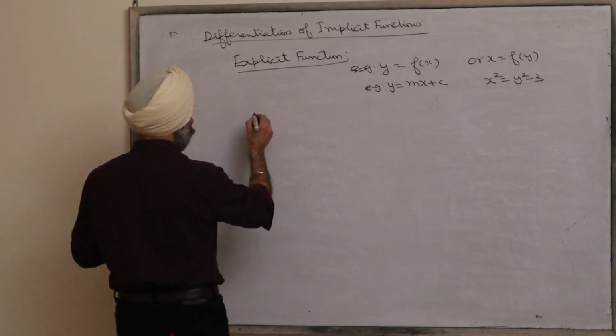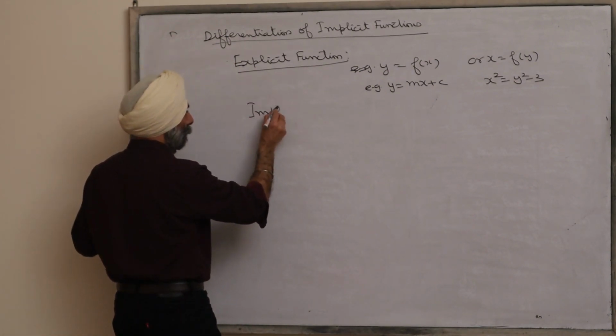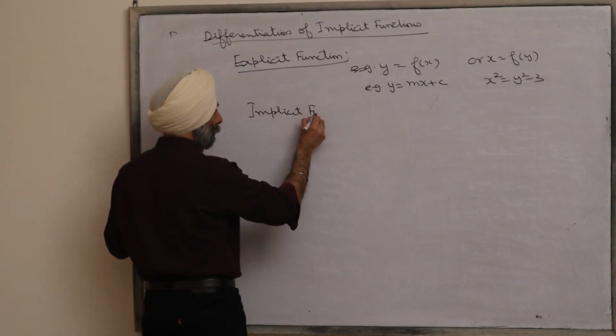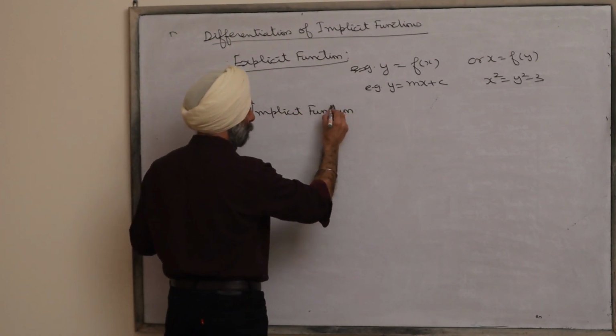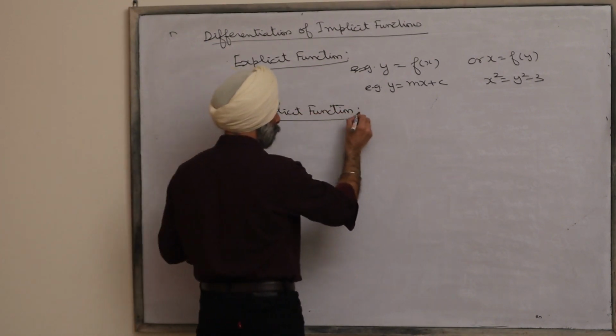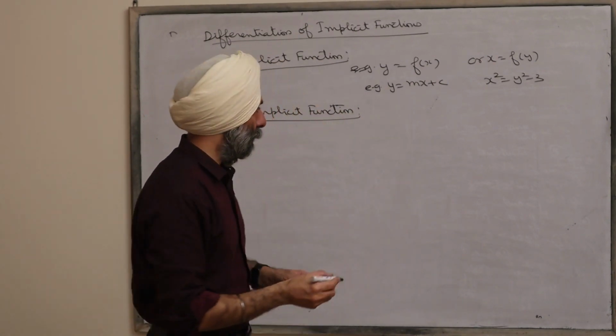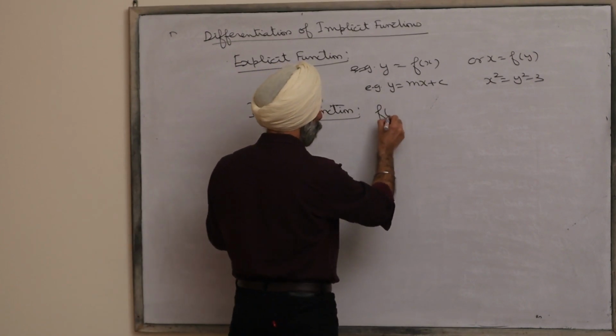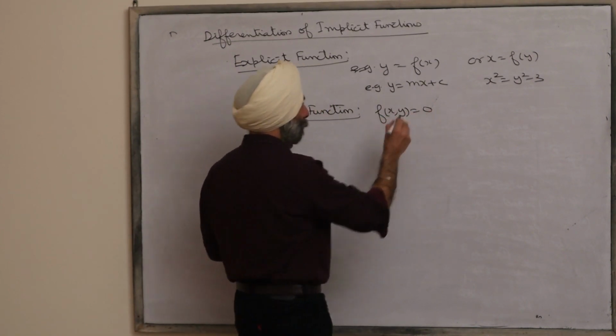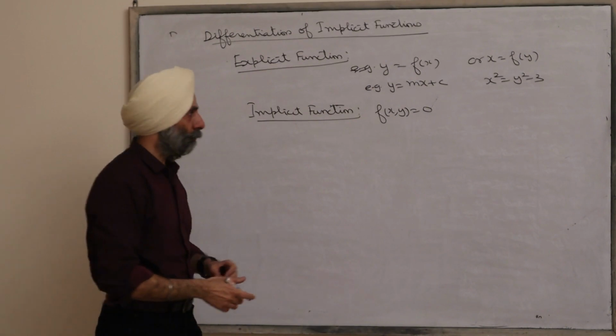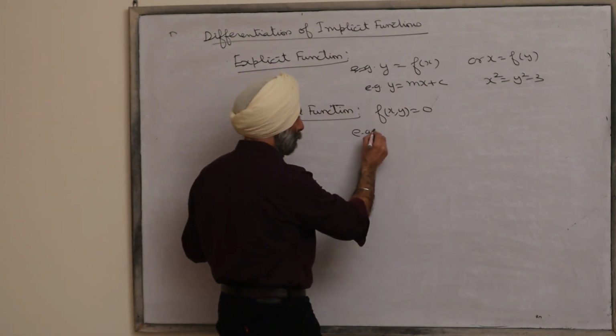So what is implicit function? In the implicit function, the values x and y occur simultaneously. That is, it is written in the form of f(x,y) equals 0. So what is the example of this?